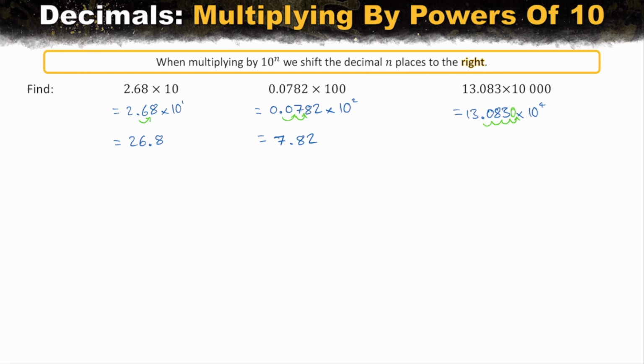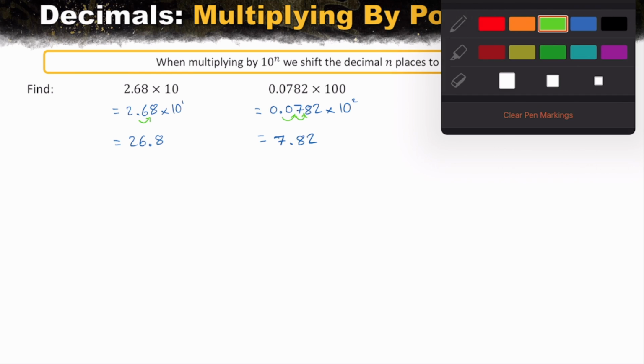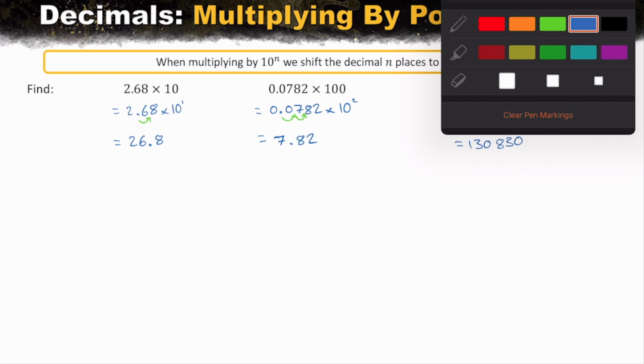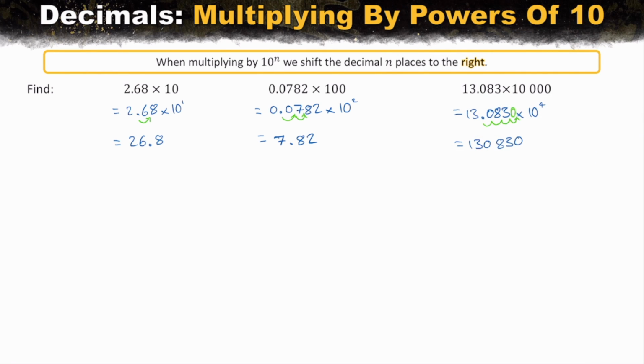So we just add an extra 0 here. So now we've got the value of 130,830. So whenever we're multiplying by powers of 10, we count the number of zeros, and that tells us what power of 10 we're dealing with, after the 1 that is, and we move that many places to the right.